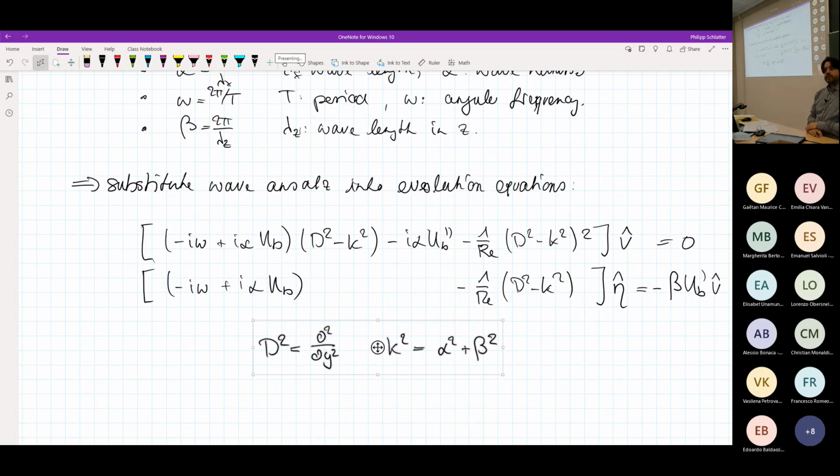So these two equations, the first one for V and the second one for eta, are the Fourier transformed evolution equations for my disturbance. So these are the equations for V hat and eta hat.